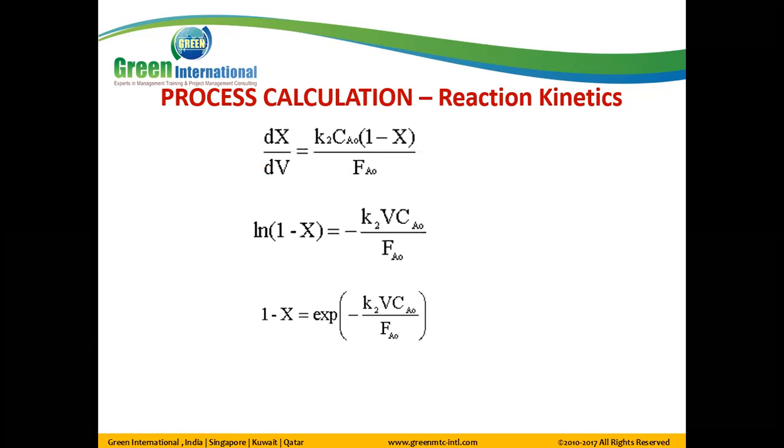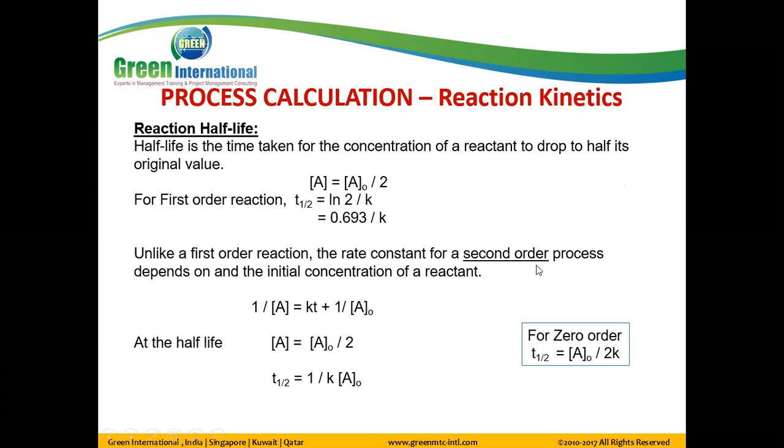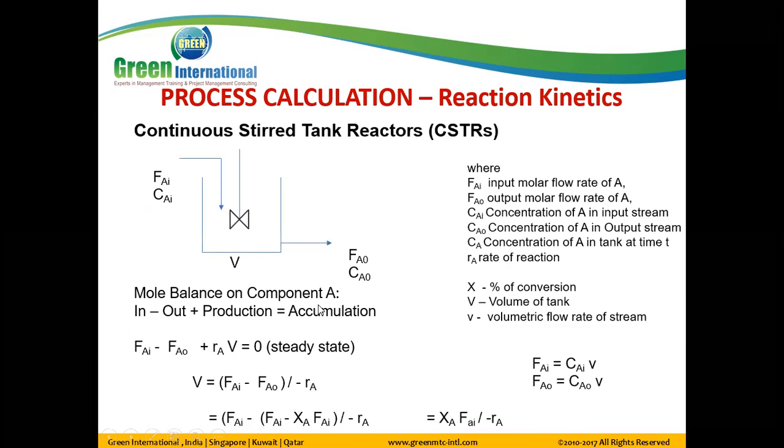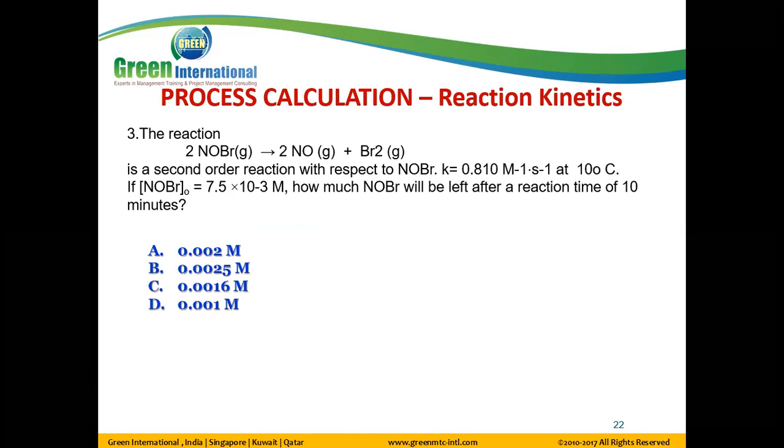Again, you go back to second order reaction. What is the formula for A and A naught? This is the second order reaction: 1 by A equal to kt plus 1 by A naught. A naught is given, A is being asked, t is given, K is also given, right? The rate constant is given in this question.